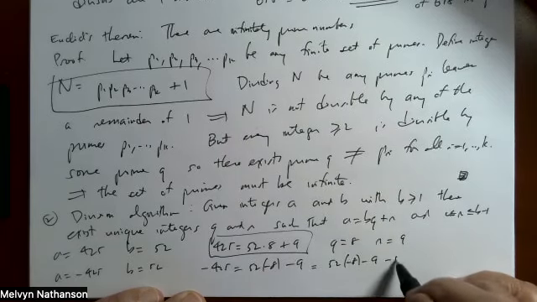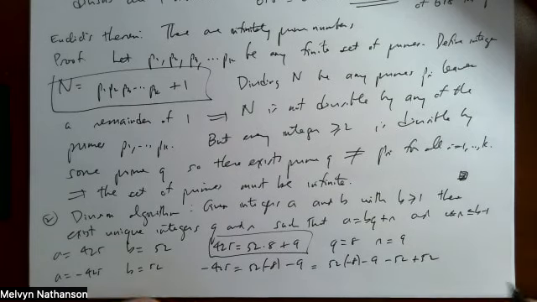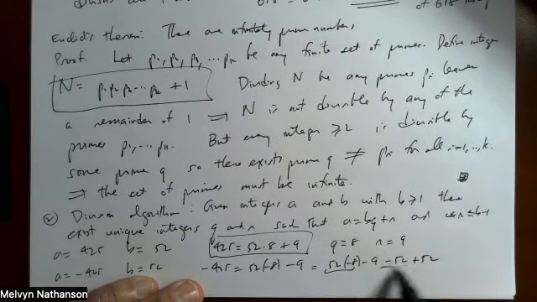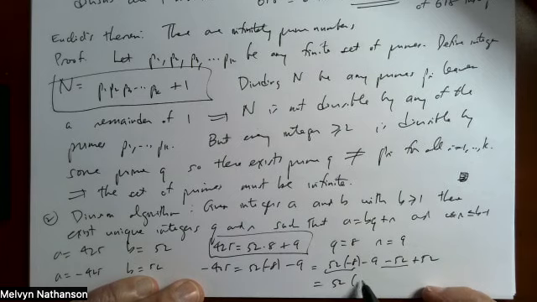And let me say minus 52 plus 52. I've just added 0. And this is 52 times minus 9 of them, I guess. And 52 minus 9 is 43.